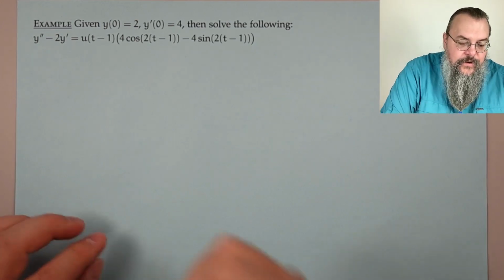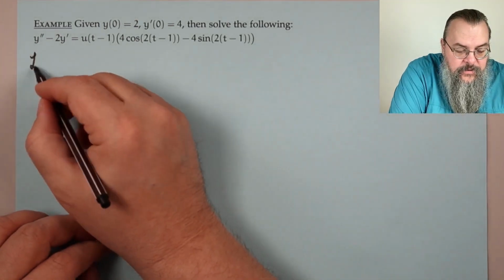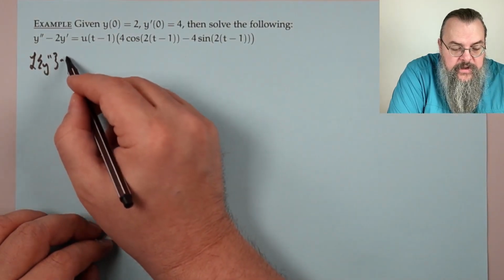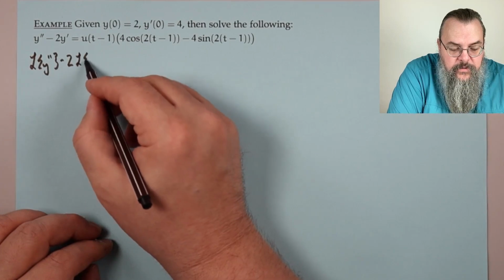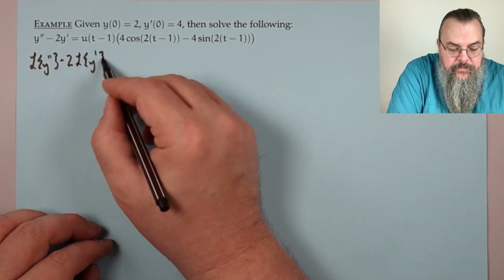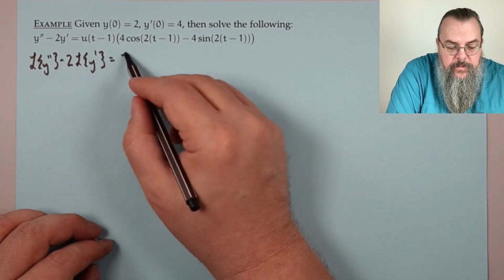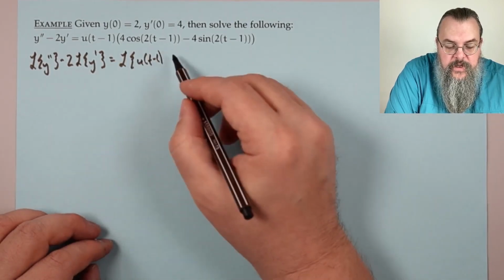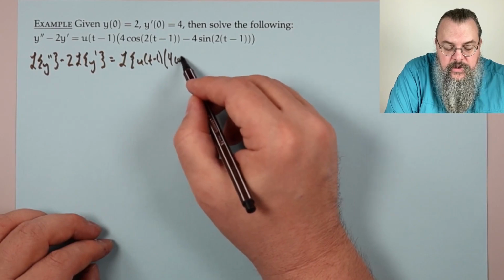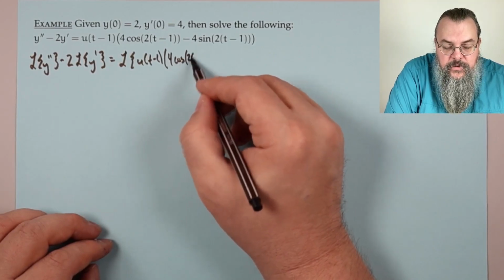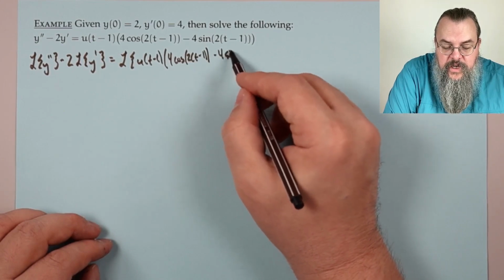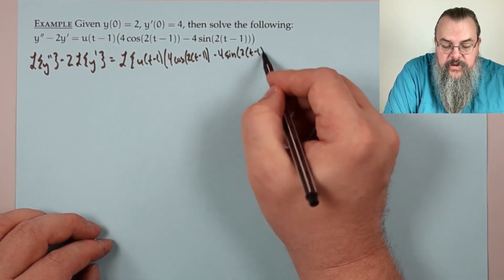All right, so we have the Laplace transform of y double prime minus 2 times the Laplace transform of y prime is equal to the Laplace transform of u of t minus 1 times 4 cosine 2(t minus 1) minus 4 sine 2(t minus 1).